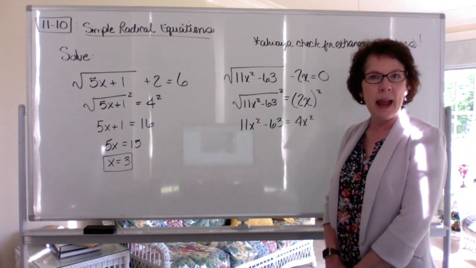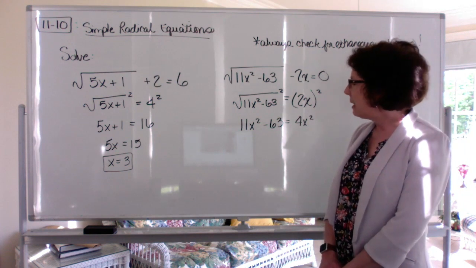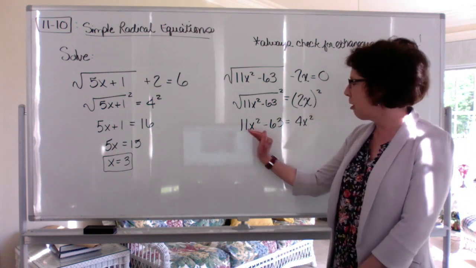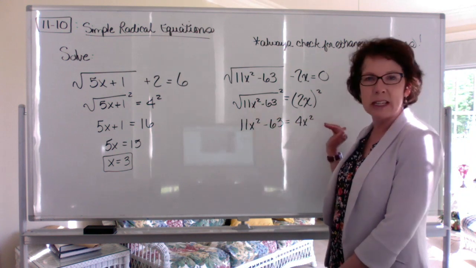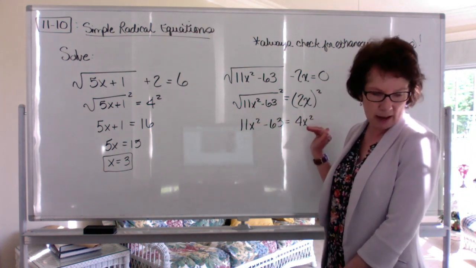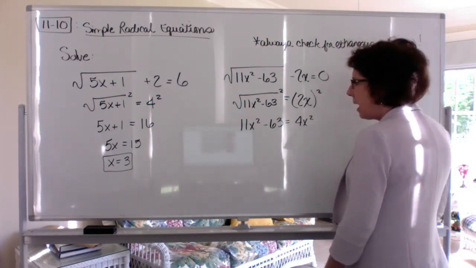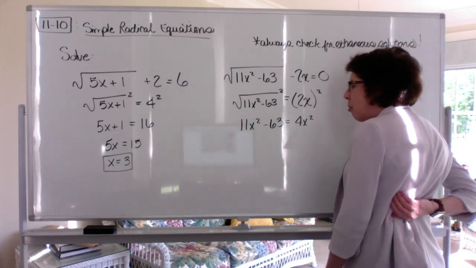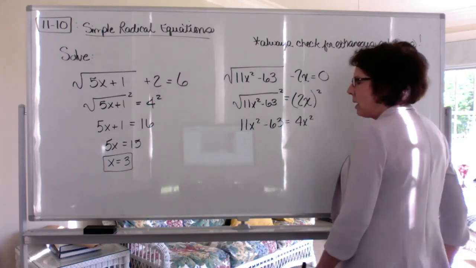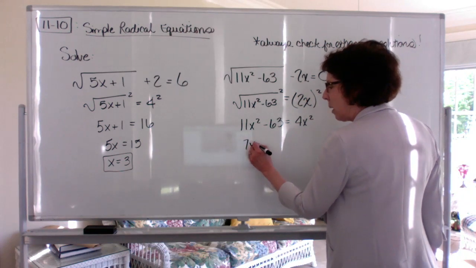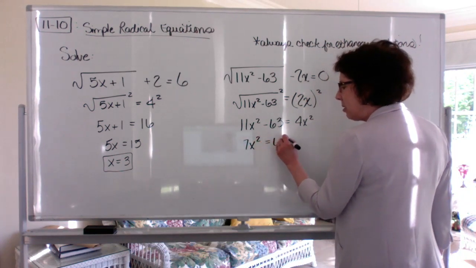Okay, now let's keep going. Let's bring all the square terms to the left and the 63 to the other side. All right, so 11x squared minus 4x squared is 7x squared, which is equal to 63.